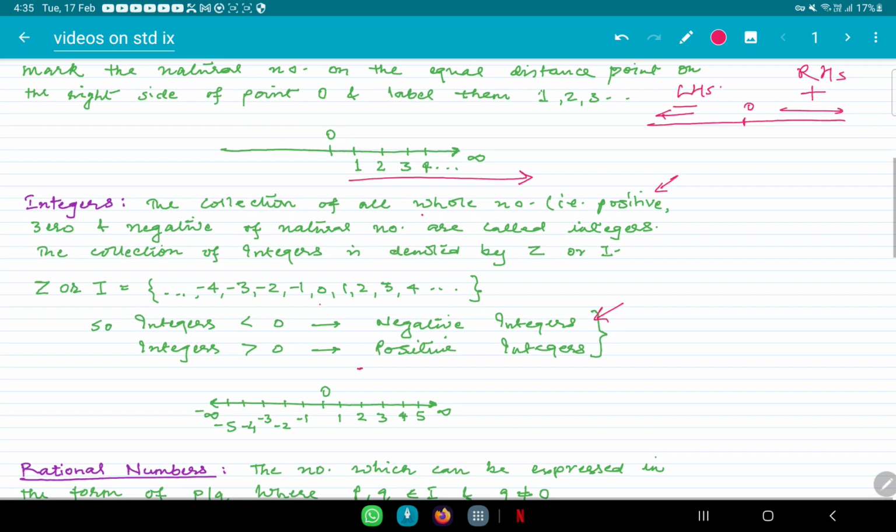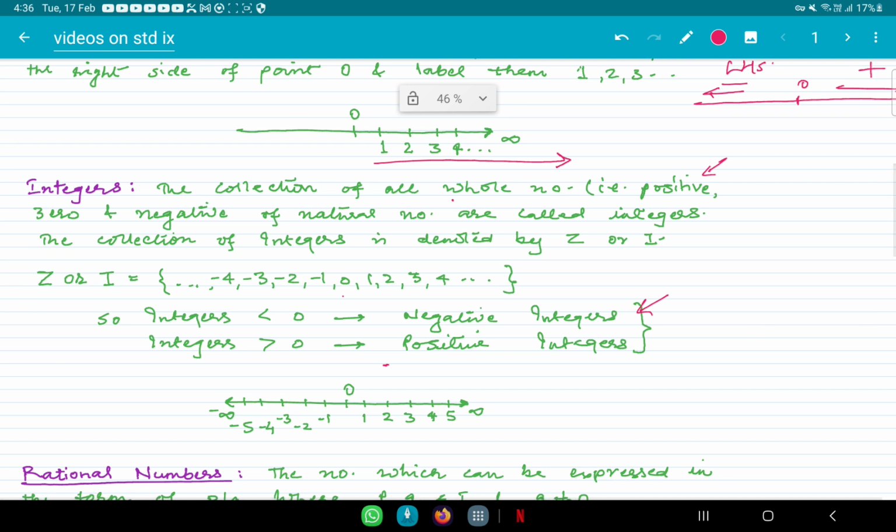Okay, and they are denoted by, somewhere by capital Z or somewhere it is I. If we say positive integers, they can be represented as I plus. If we say negative integers, they can be represented as I minus. Plus and minus will be placed overhead of I. But if we say simply Z or I, it means all positive and negative numbers are included.